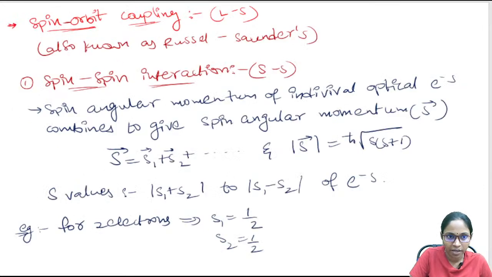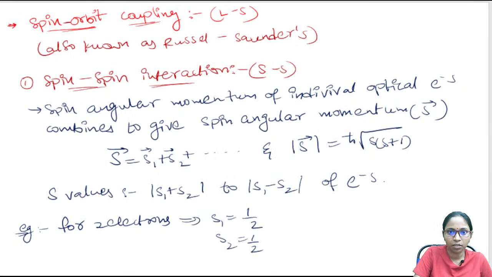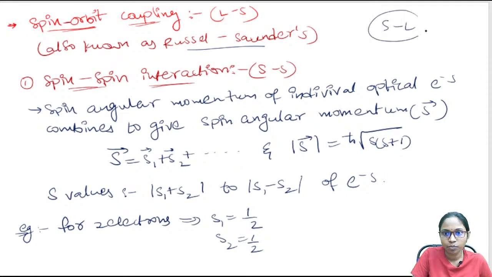I will give you an example. Coming to spin-orbit coupling, that is LS coupling, this is also known as Russell-Saunders coupling. In this coupling, spin-spin interaction is stronger than orbital and spin interactions.